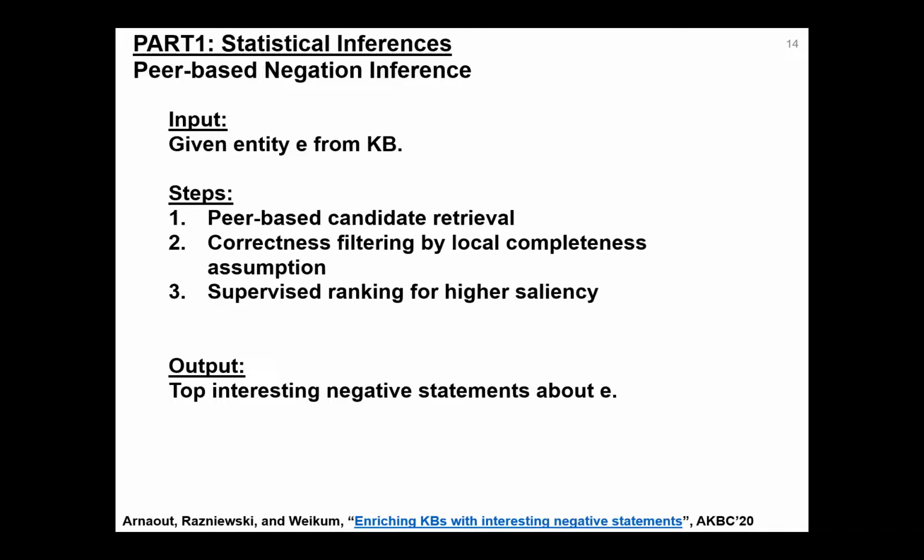You need to make sure that it's actually incorrect and not just missing. And after you identify your candidate negations, you want to make sure that they are useful because we want useful negations. So the output would be top interesting negative statements about the entity from the input.